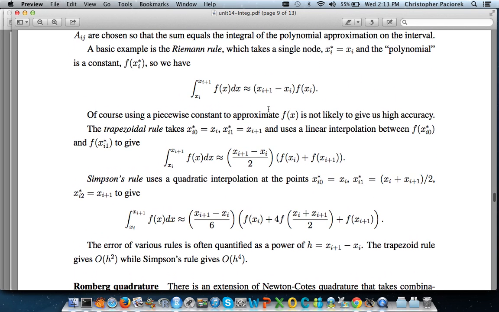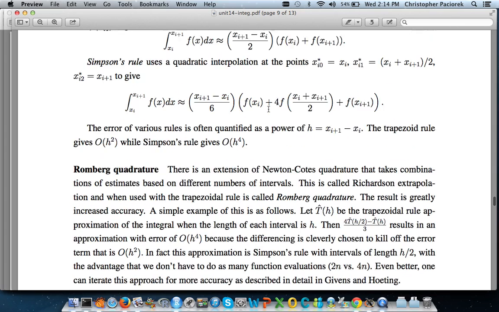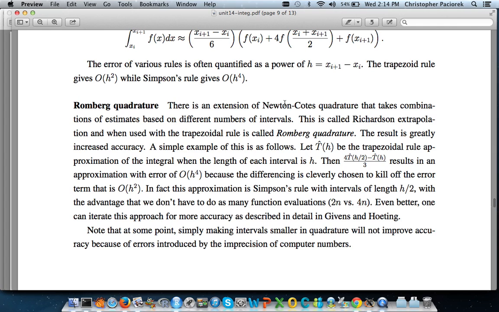So in terms of the trade-offs computationally, the more times you have to evaluate the function, in general you're going to get more accurate estimates of the integral, but you also have to do more computation. So there's that trade-off. The idea of Romberg quadrature is to cleverly choose the approach you're going to take, and the result is you actually get higher accuracy.